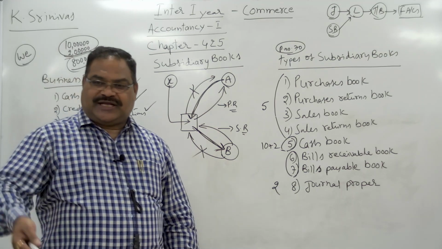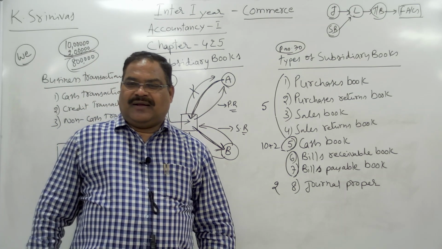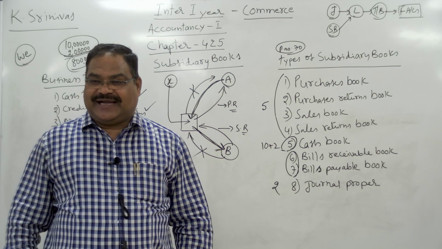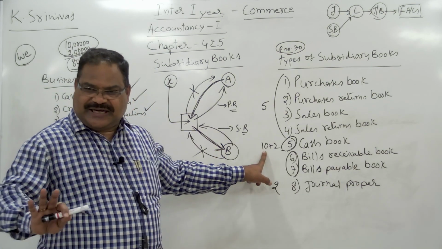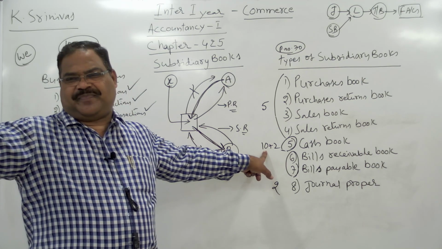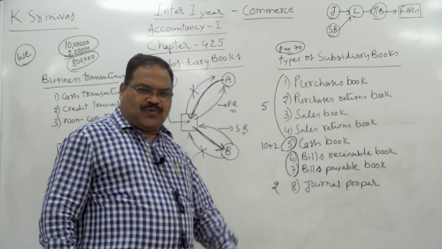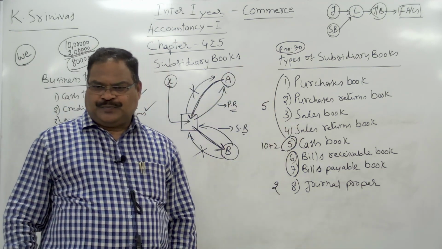But I am going to teach you even the 5th also, because that is also very important. Especially I am talking about the 3-column cash book, which you will get for 10 marks. I have done the 10 marks compulsory problem in any question paper, any year you can see. No problem. So the cash book also I am going to teach. I hope you got all these 5 books.